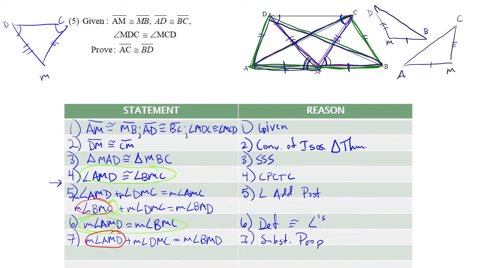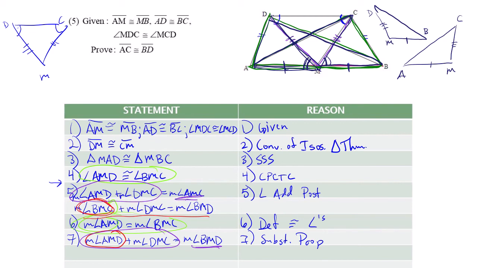I rewrote this equation, but I put AMD in there for BMC because those are equal. And now I can see that AMD plus DMC equals BMD, but AMD plus DMC also equals AMC.